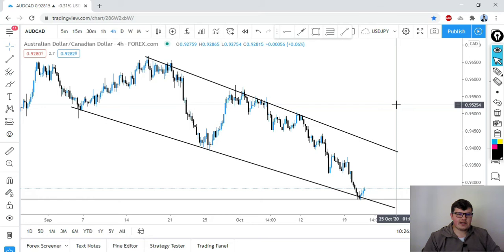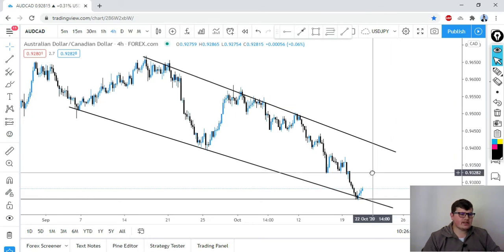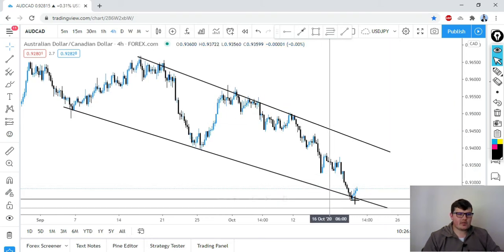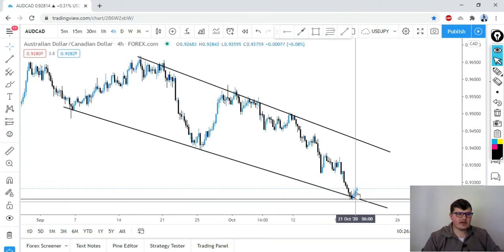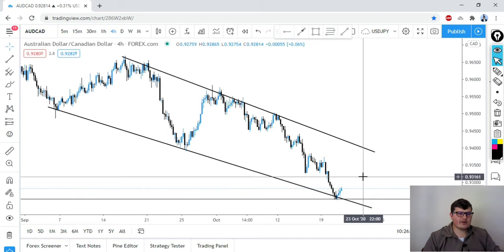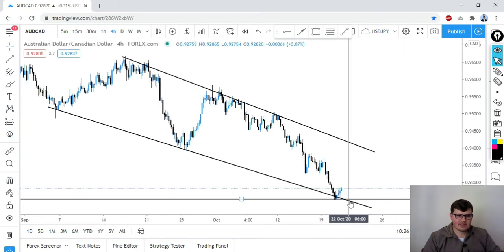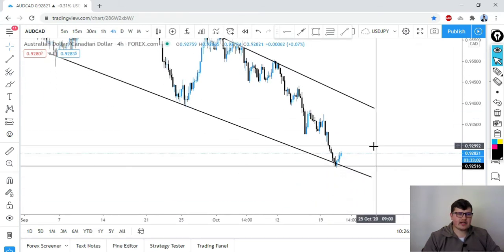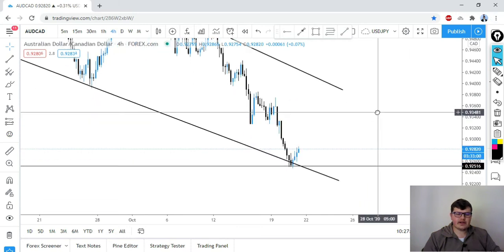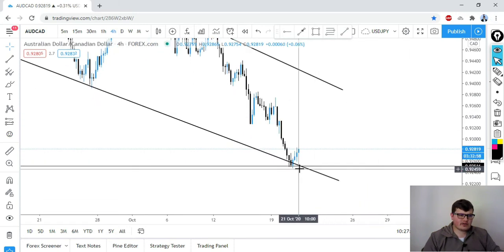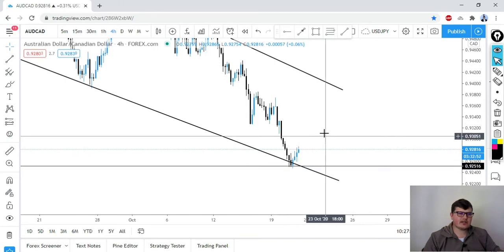So what we can look at next is what price action is showing us over here on the 4-hour time frame. We had a bounce at the weekly support area, which is also a nice psychological level, the 0.925 psychological level.